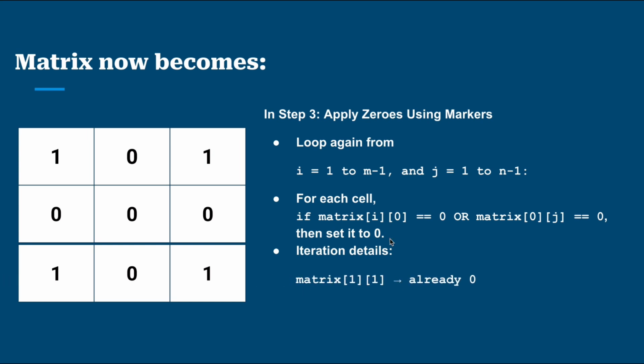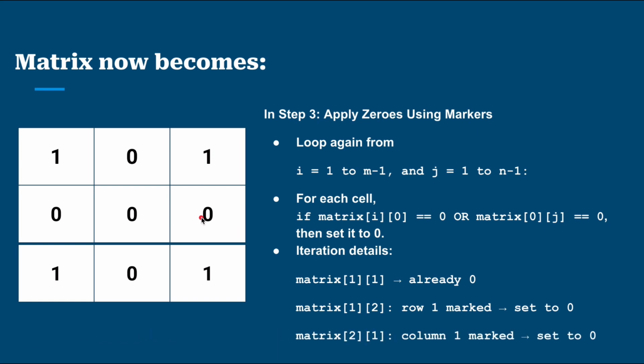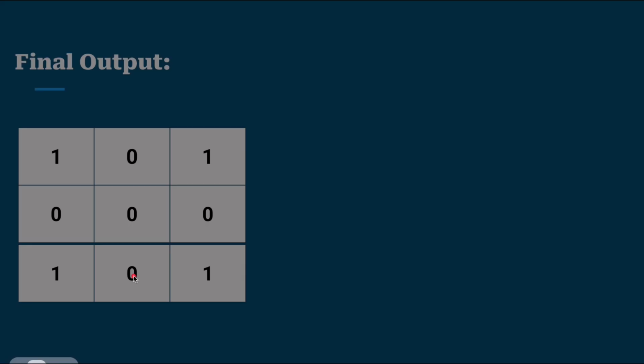So in the iteration details, if you'll see 1 1 is already 0, right? Then matrix at 1 2, the row is 1, and we have to mark row 1 is mark 1 2, right? And then we have to set it as 0, right? So we'll do this. And similarly at 2 1 we have to also mark it, right? And we have to set it as a 0.